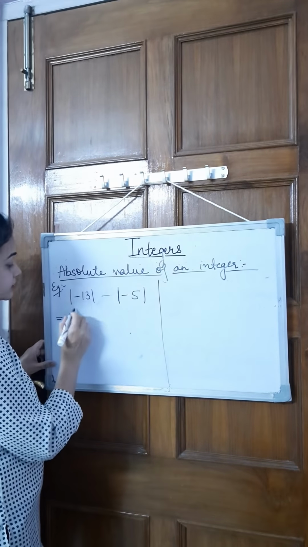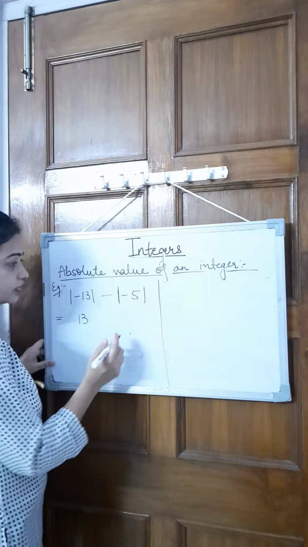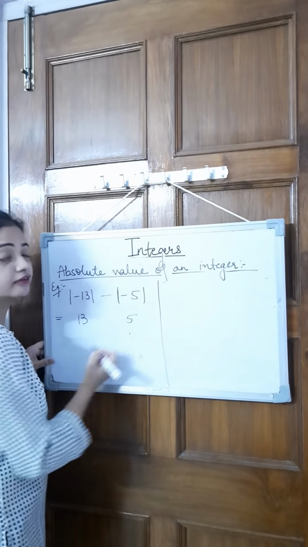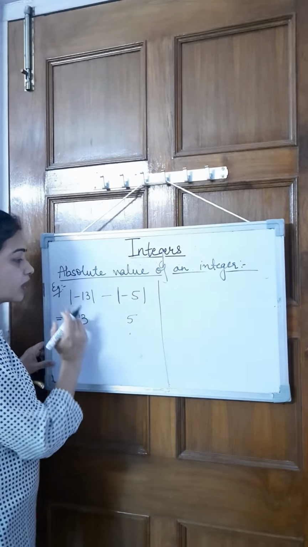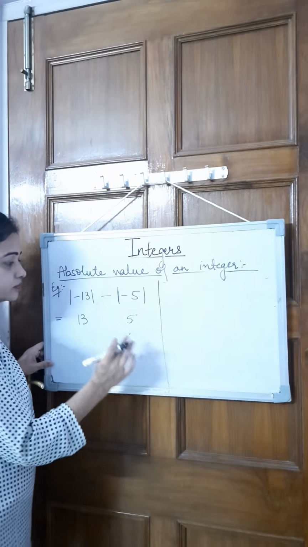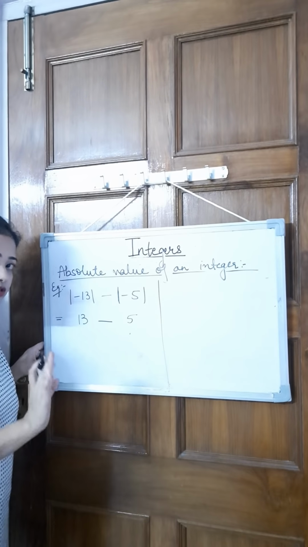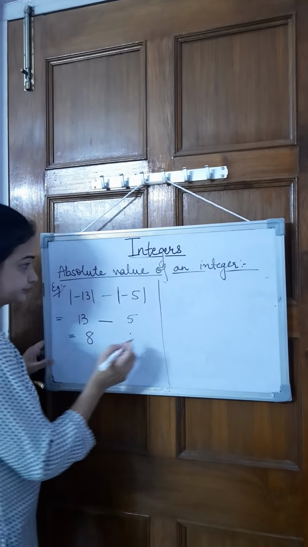This is minus 13, which will become 13 when I write the absolute value of it. This is minus 5, which will also become 5. Now this minus sign is outside the absolute value sign, so this will remain the same. This is the operation out here, and it becomes 8.